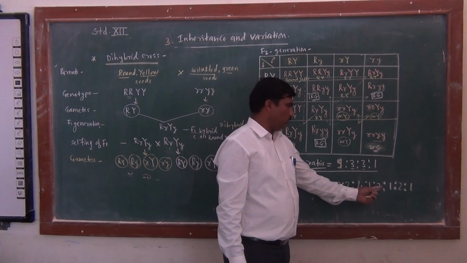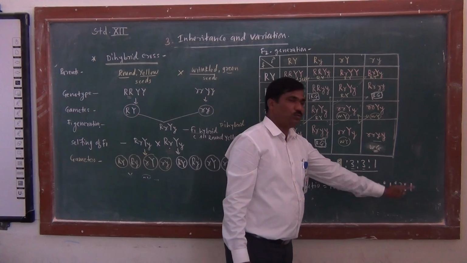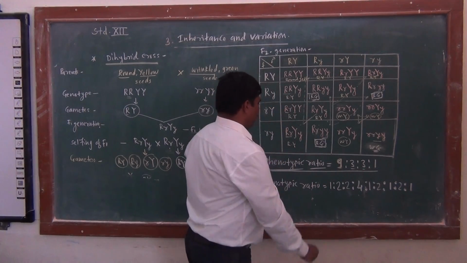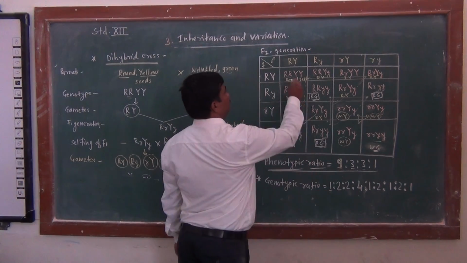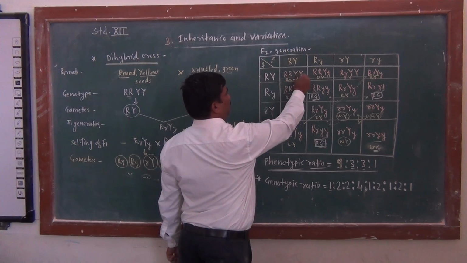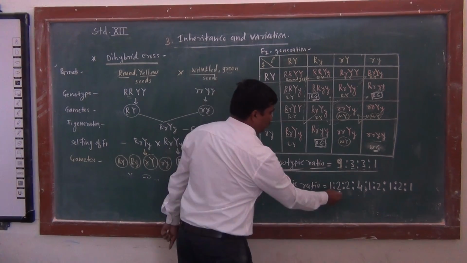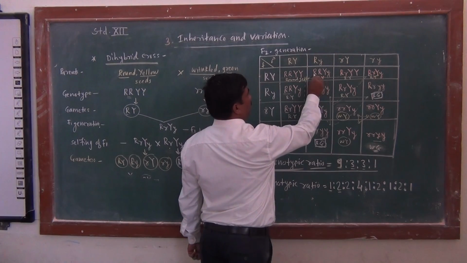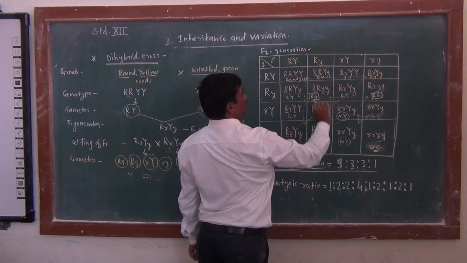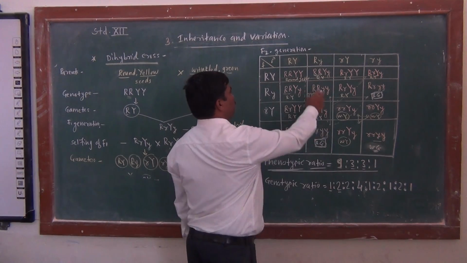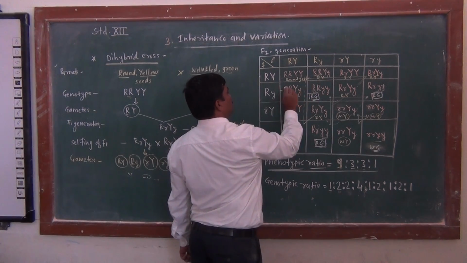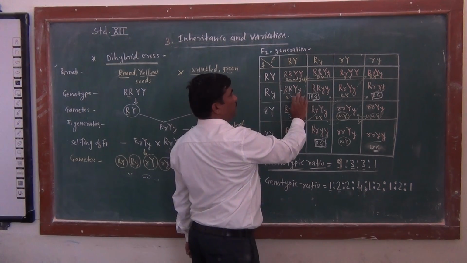As to 1, as to 2, as to 1, as to 2, as to 1. So this 1 means capital R, capital Y, capital Y. Then 2, this is capital R, capital Y, small y. Similar genotype we find, capital R, capital Y, small y.